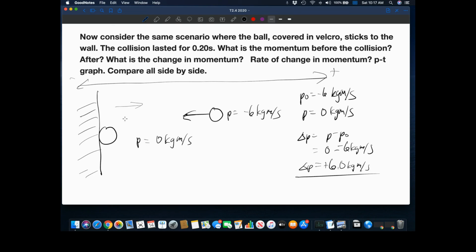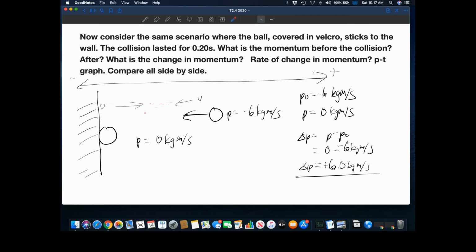If I point out that velocity in this case was negative, the direction of the change in velocity is the direction of a force causing it. If this velocity goes to 0 upon impact, then there must be a force in the positive direction causing a positive acceleration. So the change in momentum is positive 6.